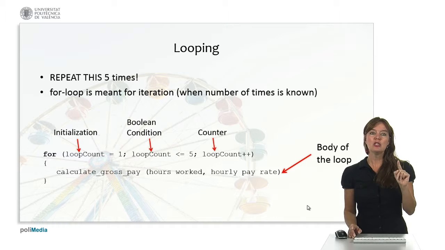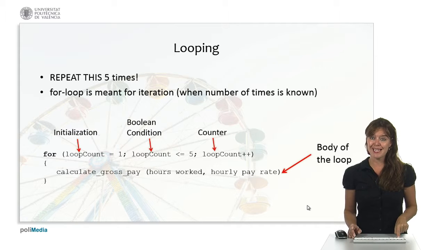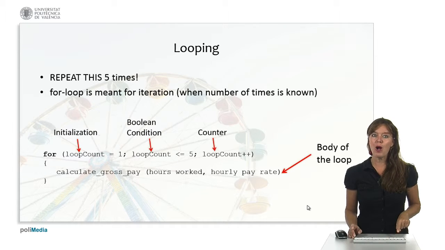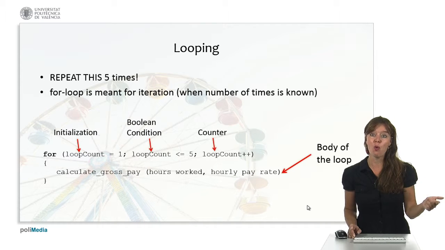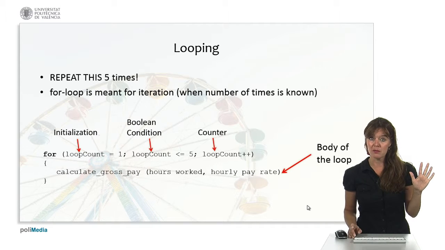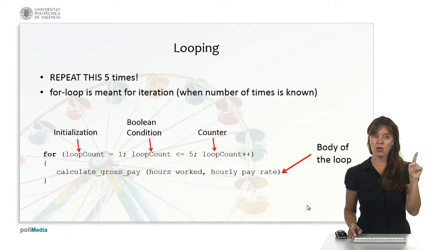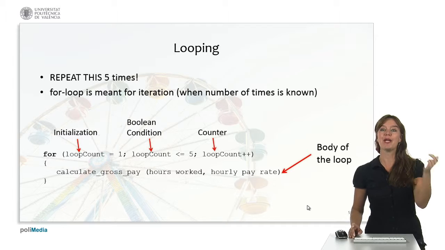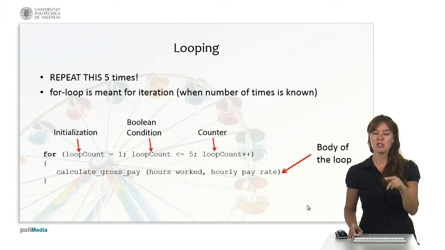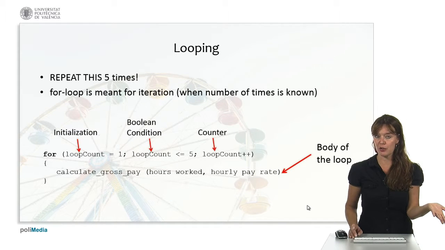Then we say do this while the loop count is less than or equal to 5, go on, because we want to do it 5 times. So every step we need to increment the loop counter by 1. So we start at 1, calculate gross pay 1 time, check if loop count is less than or equal to 5. If it is, we add 1 and go on. So that's how we execute it 5 times.